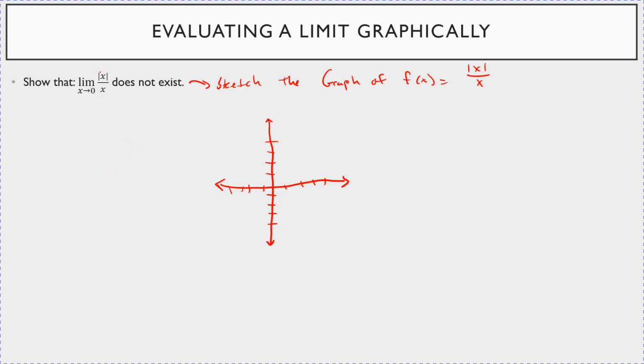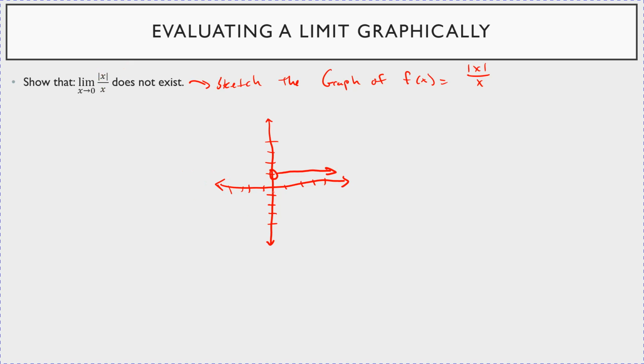When you plug in any positive number, the absolute value of a positive number is just a positive number, right? So this would just be x divided by x. It would just be 1. So for any positive number, it would just be 1, with a hole at 0. Now look at this. When x is less than 0, you'd get positive x because of the absolute value, positive x divided by negative x.